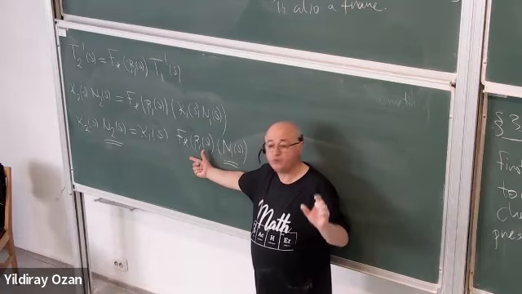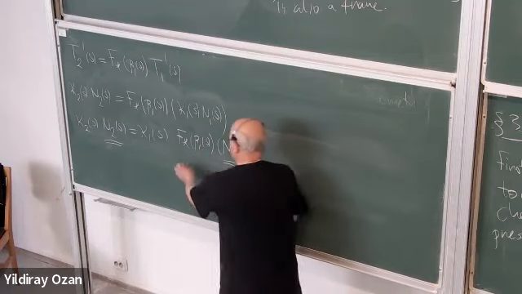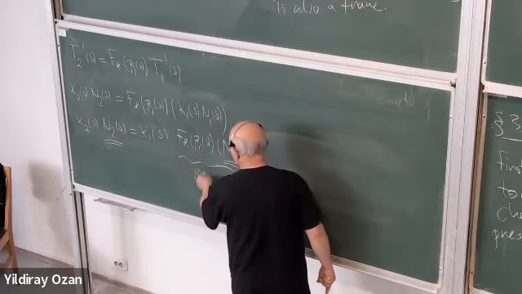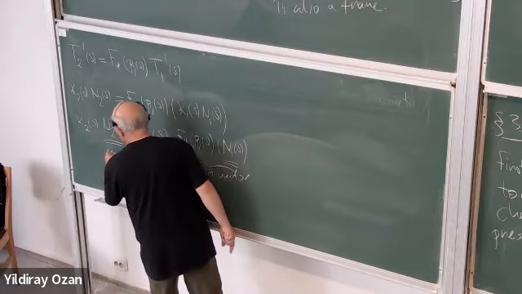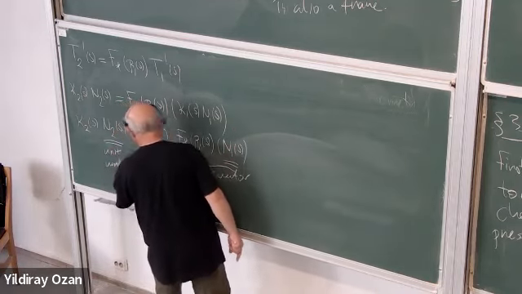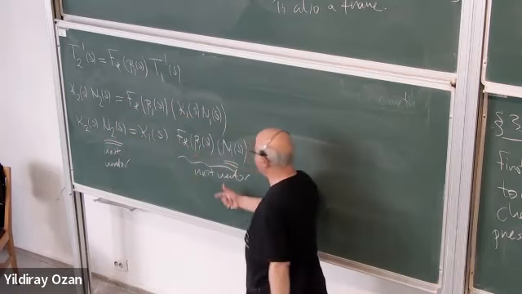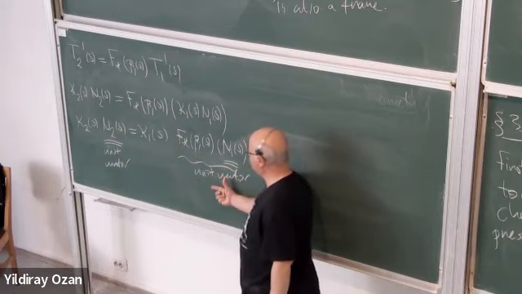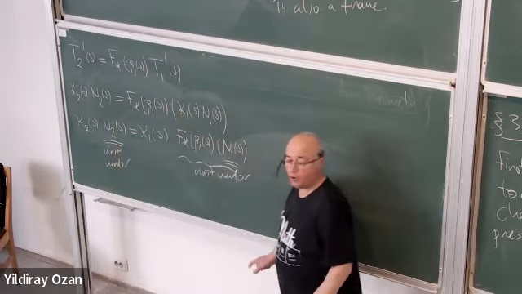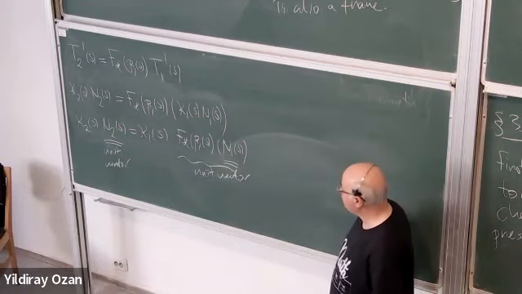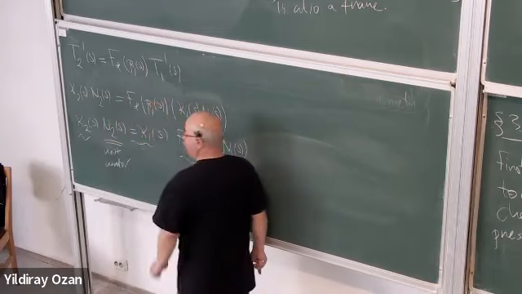Therefore, it preserves norm. Therefore, this is a unit vector. And this thing is a unit vector, right? You multiply with an orthogonal matrix, you get another unit vector. And this is also a unit vector. So both of them are unit vectors. And these are just real numbers.